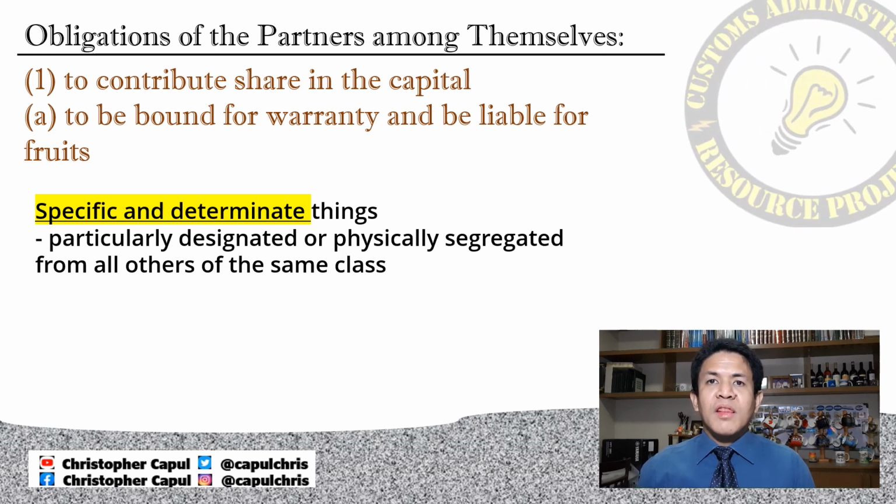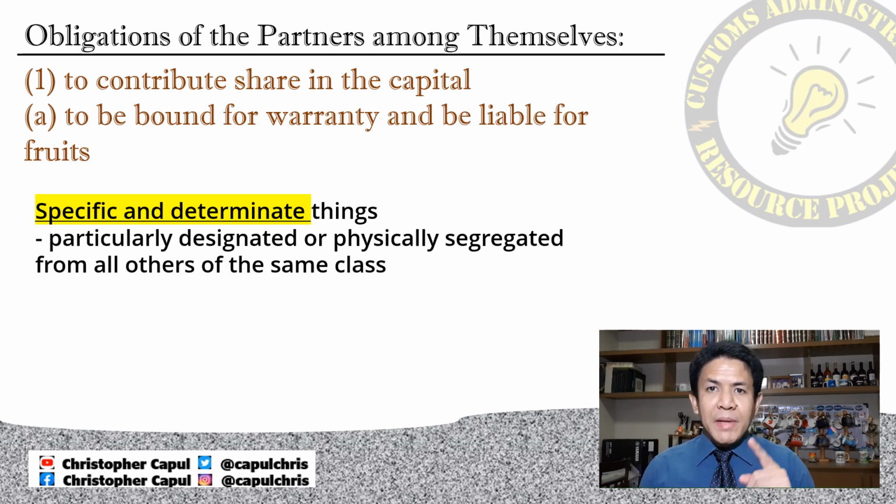Now take note that the partner's obligation to be bound for warranty and to be liable for fruits refer only to specific and determinate things. Now you may have learned this in your class on obligations and contracts, but to recall, specific and determinate things refer to things which are particularly designated or physically segregated from all the others of the same class.